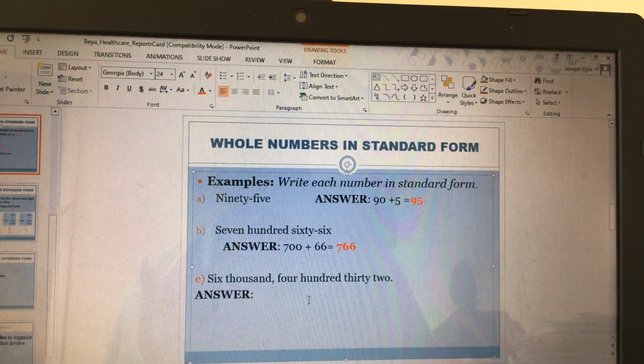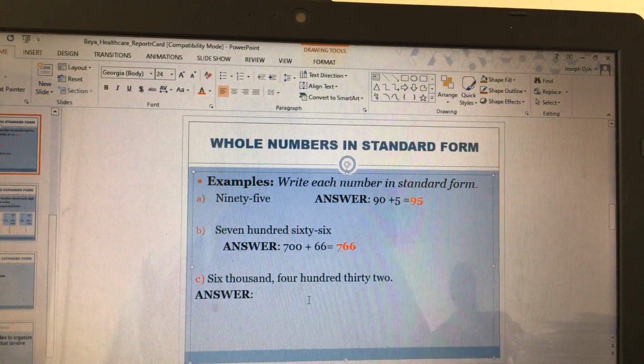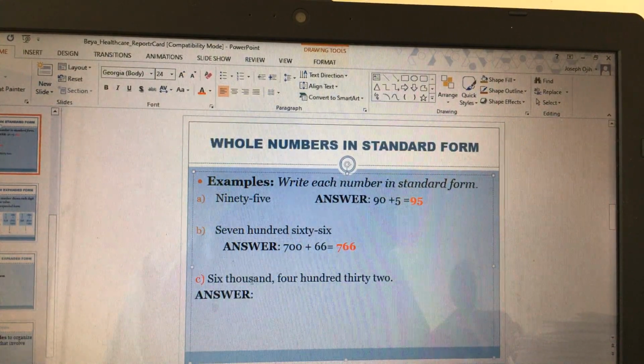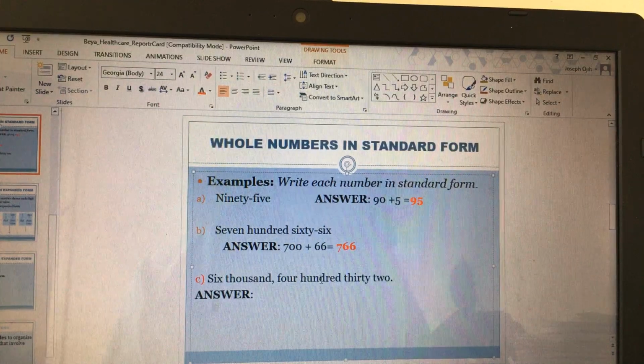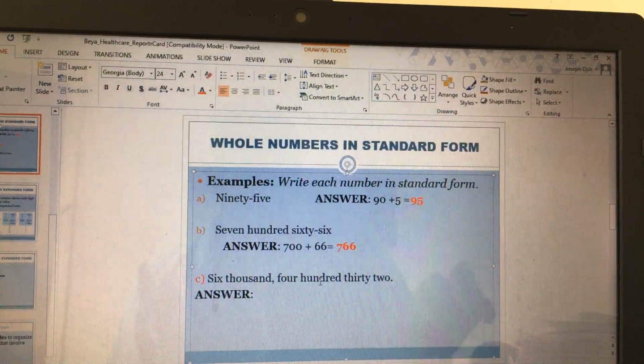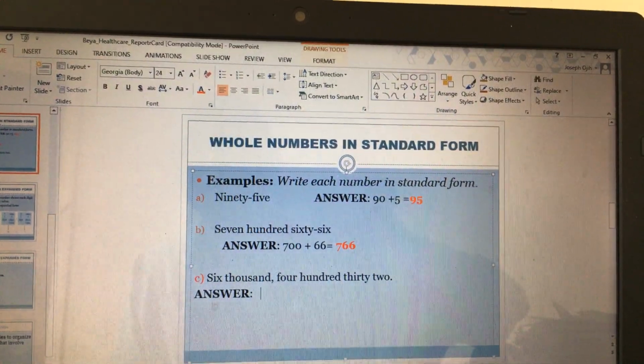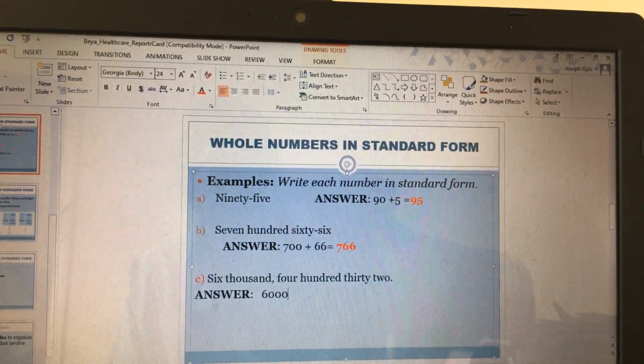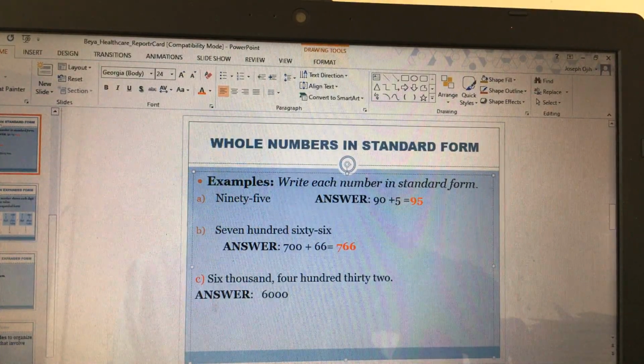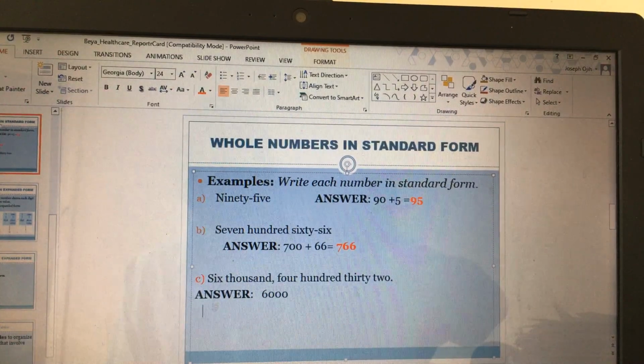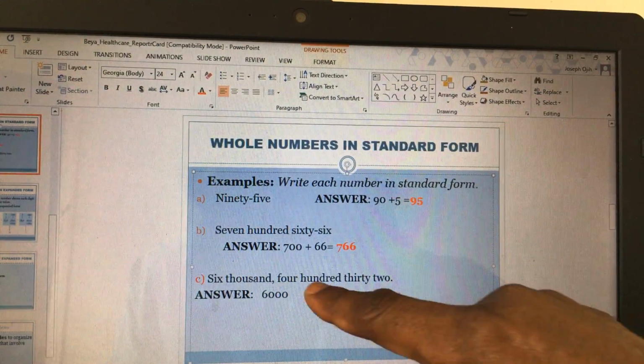Let's try one example that is more challenging, like 6,432. So to do this, I'm going to write here 6,000. Okay. Next is the 400.